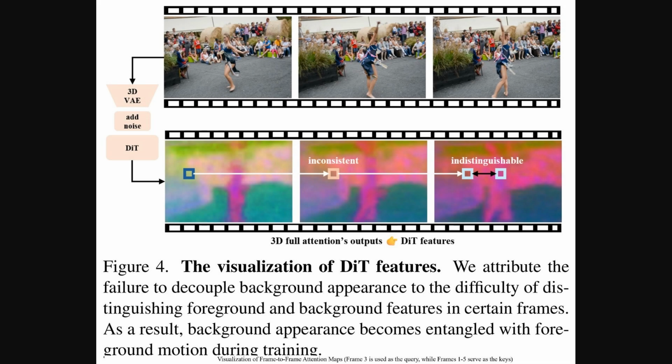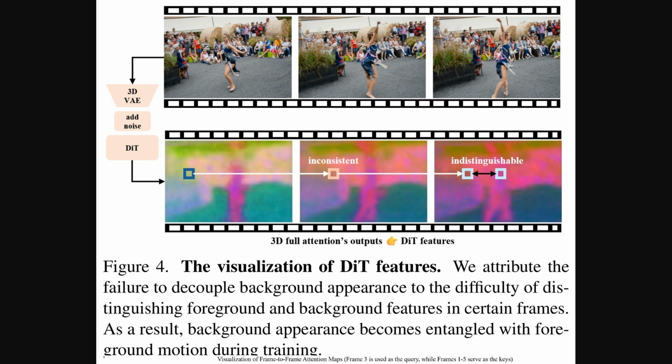So, we just saw in Figure 6 how that shared temporal kernel helps smooth DiT features over time. Figure 4 here really drives home why that kind of processing is crucial. It visualizes these DiT features again, but this time, it highlights a problem the paper calls entanglement. You can see the original video frames at the top with a person dancing.